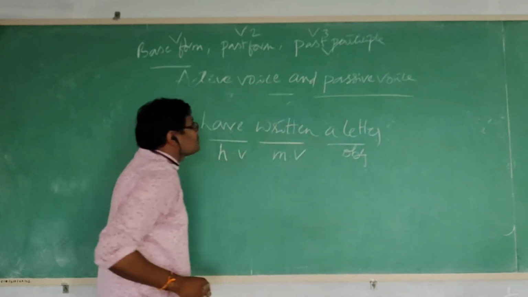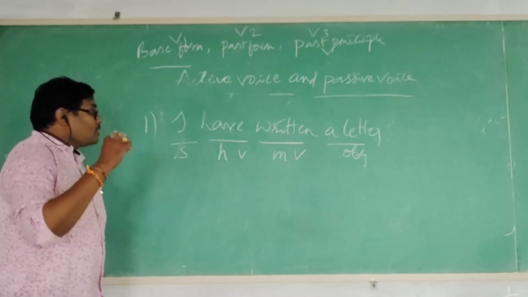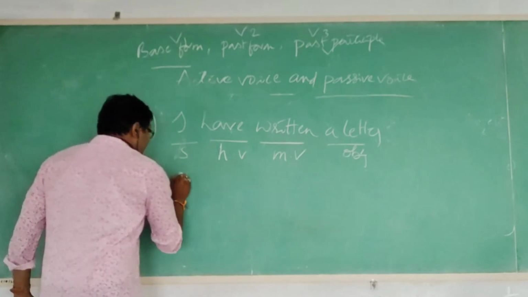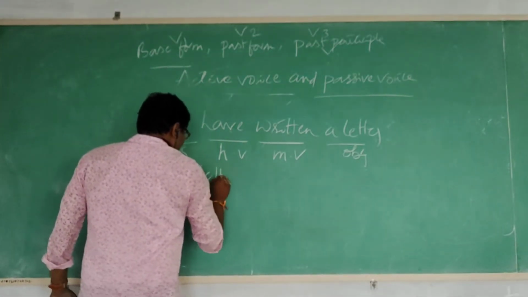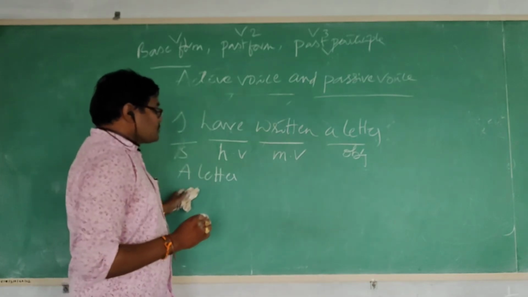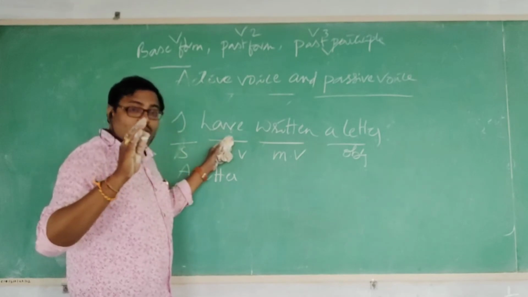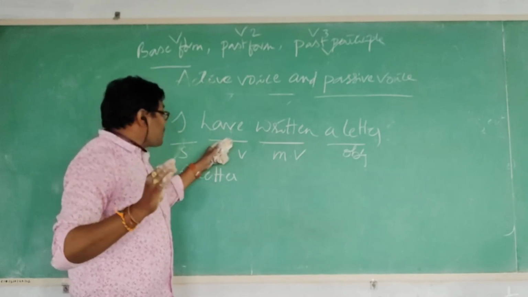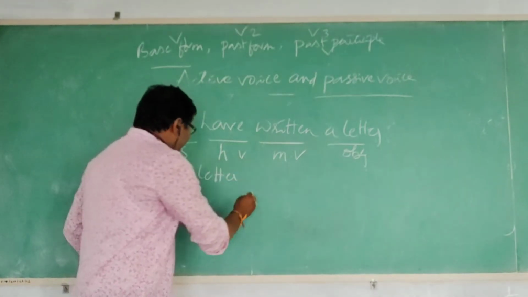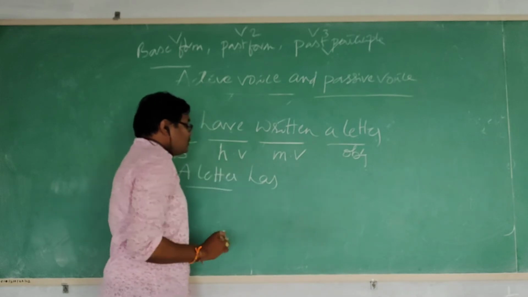Now let us see how we can convert this sentence into passive voice. A letter. You know, this sentence is in present perfect tense. Here, the helping verb should be has, because this is a singular noun.